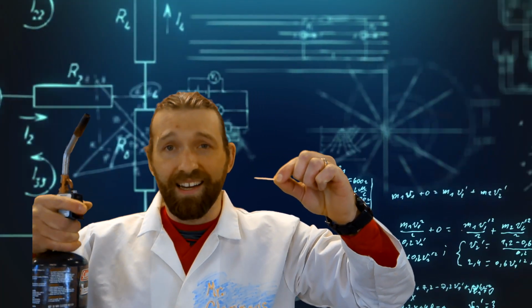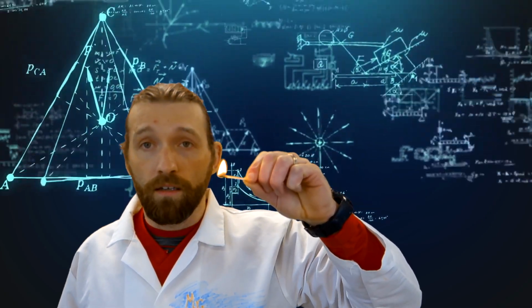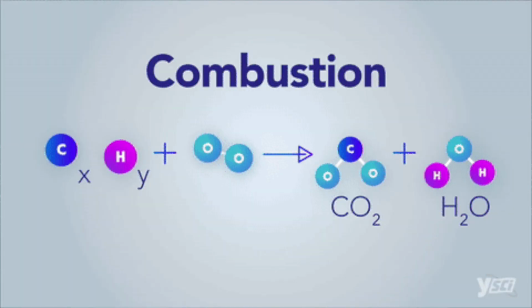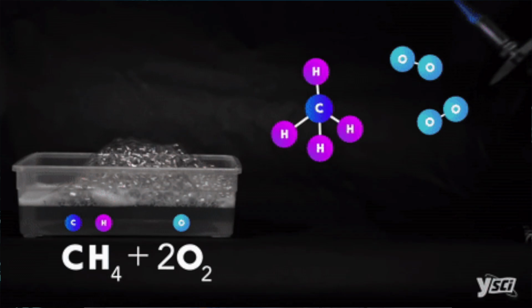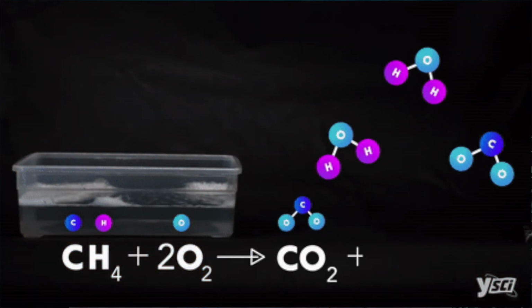And if I take a blowtorch and I start burning that cellulose, well, the oxygen in the air combines with the carbon inside of the cellulose to create CO2 and water.